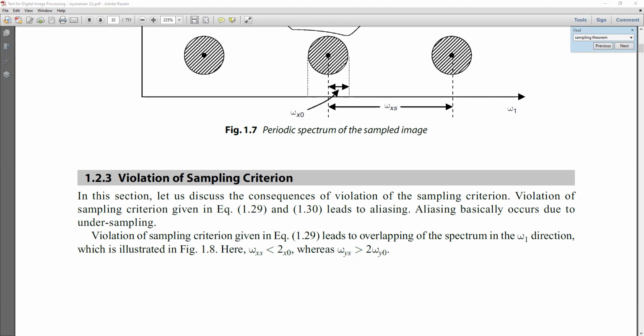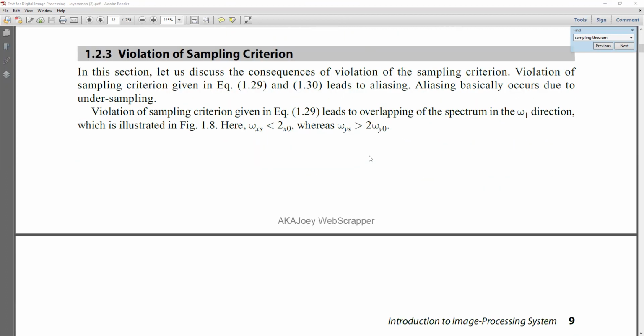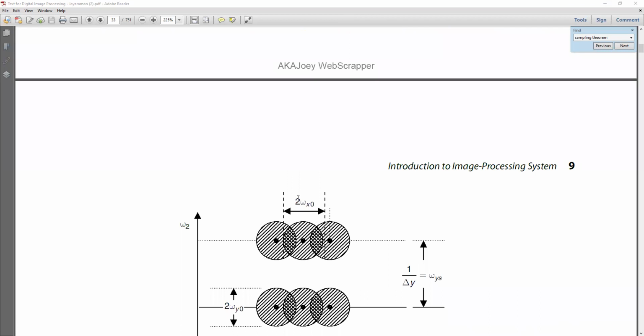If this comes closer, both these things will overlap. 2 omega x naught difference, distance, spacing. This overlapping, otherwise, it will lead to aliasing effects.